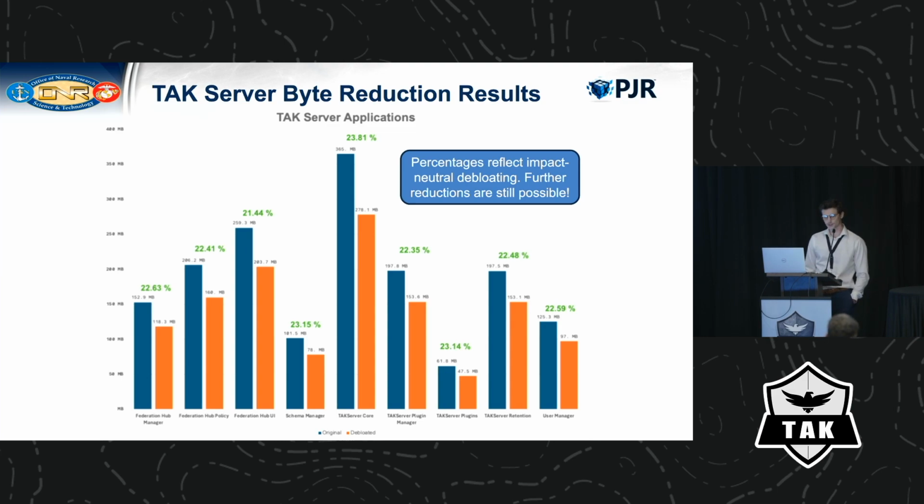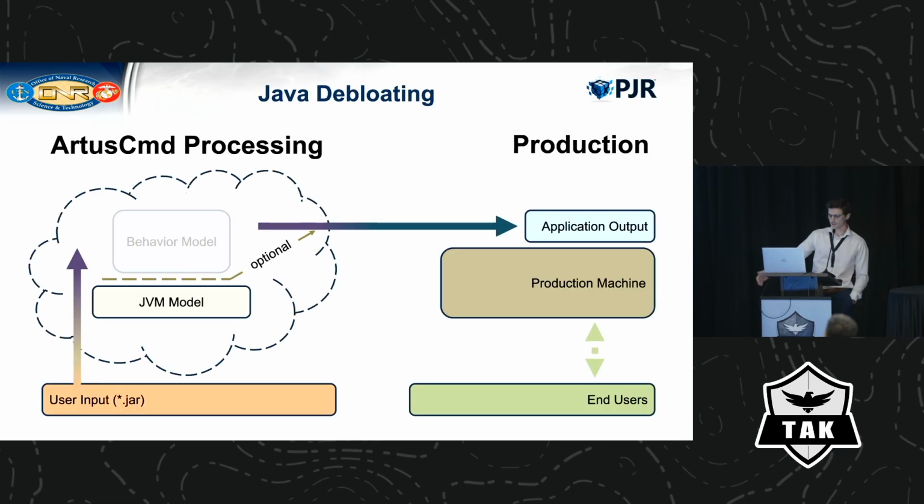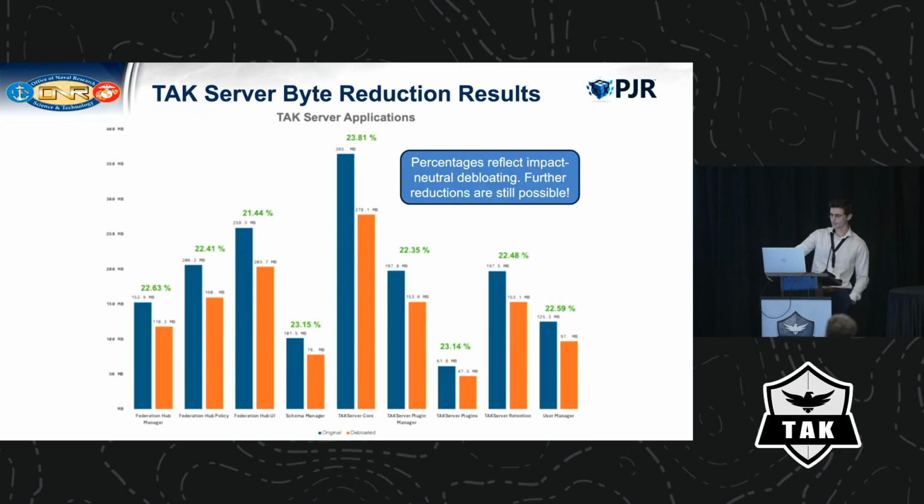Further reductions are still possible, meaning that if we go back to this slide, this just uses the JVM modeling, and so further reduction can be achieved via the behavior modeling. But that takes more complexity, more effort, and different techniques.